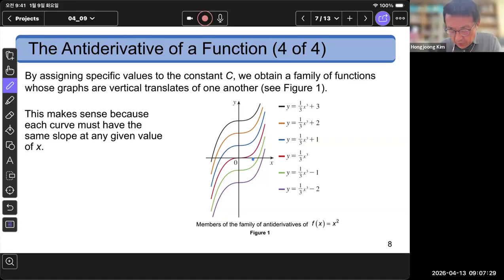Now, if I fix the x value, as you can see, the slopes of the tangent lines of all these functions are the same, which means they have the same derivatives. In other words, they have the same rate of change or the same slopes.